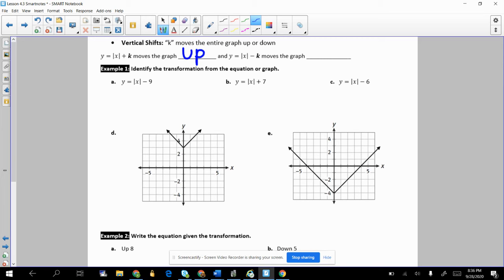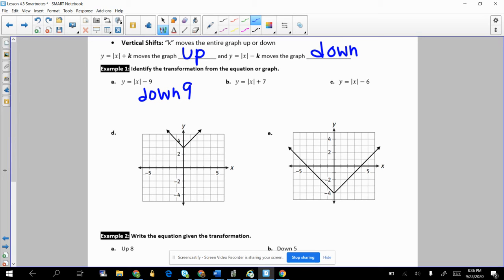Y equals the absolute value of x minus k is then obviously going to move your graph down. Okay, so if we have y equals the absolute value of x minus 9, it's asking you to identify the transformation from the equation or graph. So in this case, we know that the minus 9 would move your parent function down 9 units.